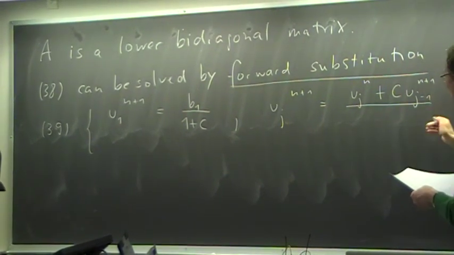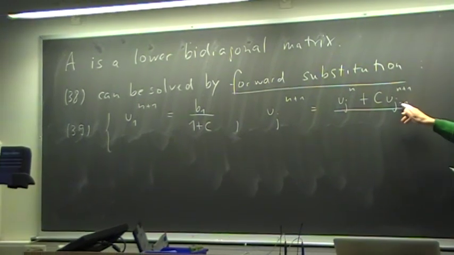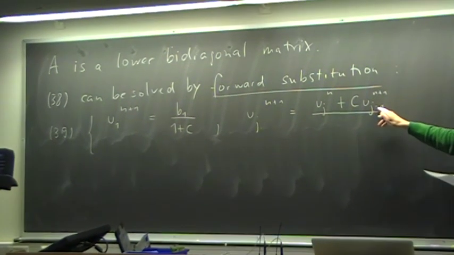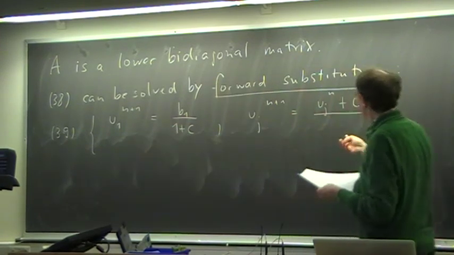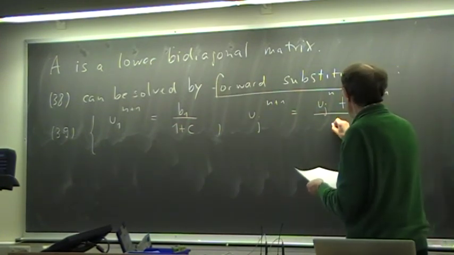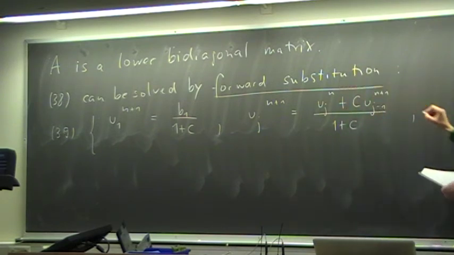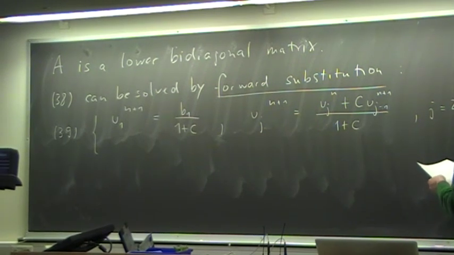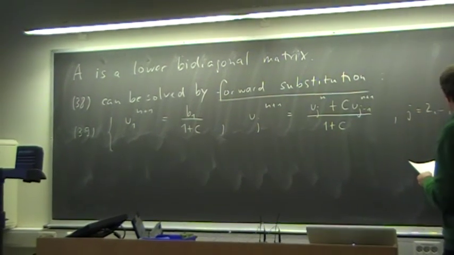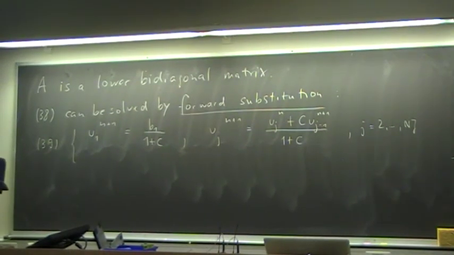Imagine this is 2, then this is 1, and the 1 at n plus 1 we have already computed. Then we divide by the value in the diagonal, that is 1 plus c. And this formula we can use all the way from 2 to nj. Then we have done our forward substitution and are finished.